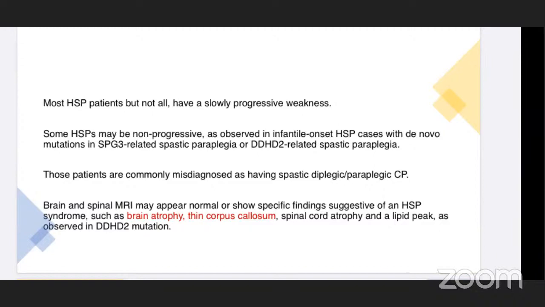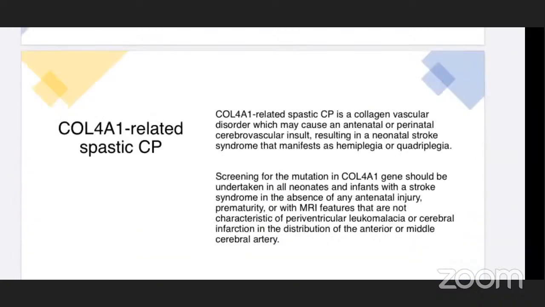For the other, now I jumped, we will not have a case here. For the other condition or disorder that can mimic cerebral palsy, which is the COL4A1-related spastic cerebral palsy. As I said, it's a collagen vascular disorder, which may cause an antenatal or perinatal cerebrovascular insult, resulting in a neonatal stroke syndrome that manifests as hemiplegia or quadriplegia.